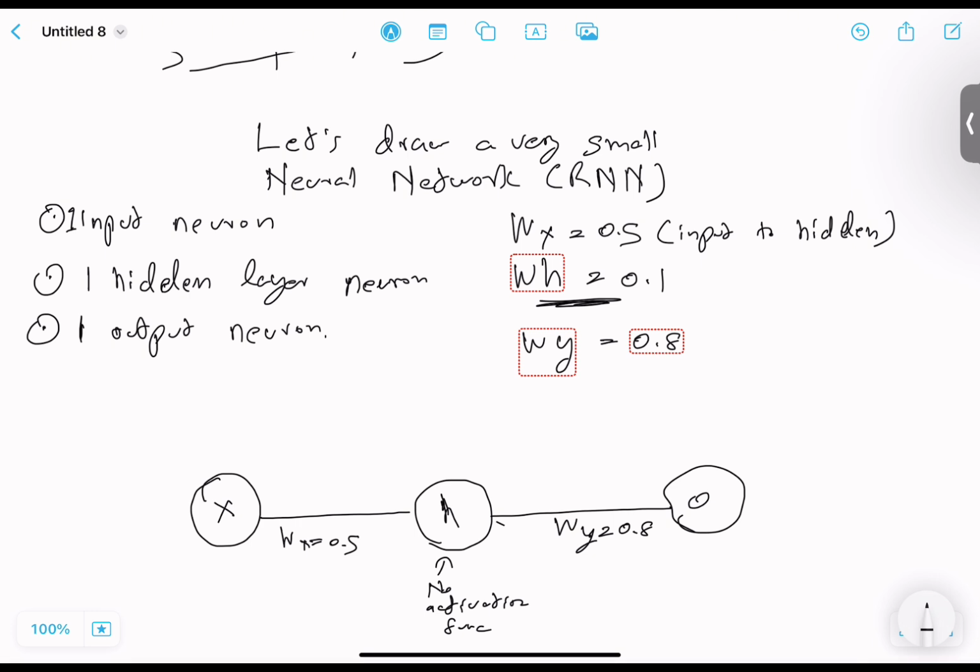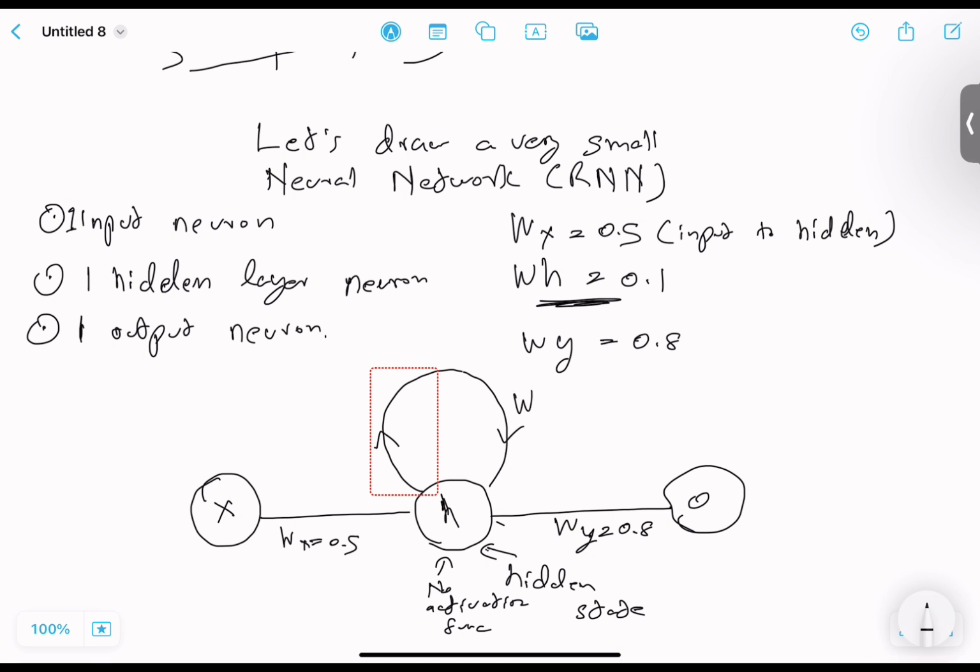In an RNN network, we call this neuron a hidden state. So there will be another weight, the weight of the hidden state.